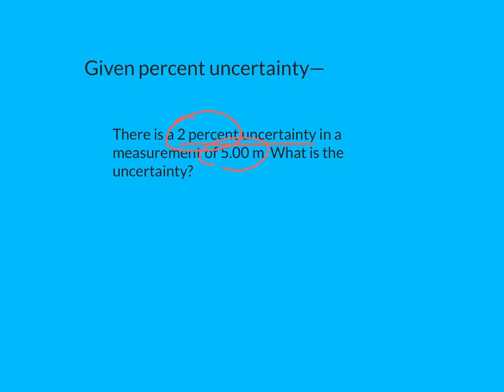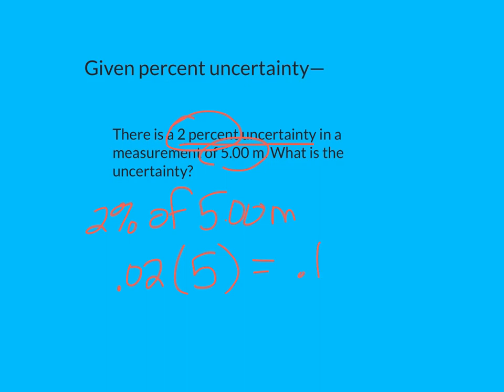So basically what we're doing is finding 2% of 5 meters. When you have a percent, you change it to a decimal and you multiply it, and that's going to give you how far off it is. So 0.02 times 5 is 0.1.